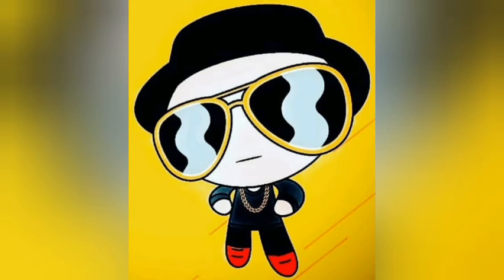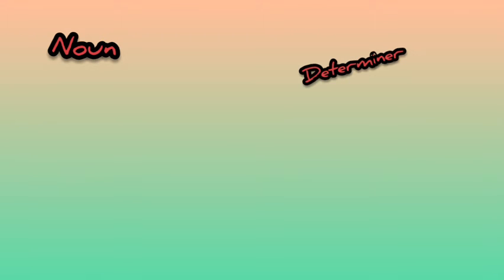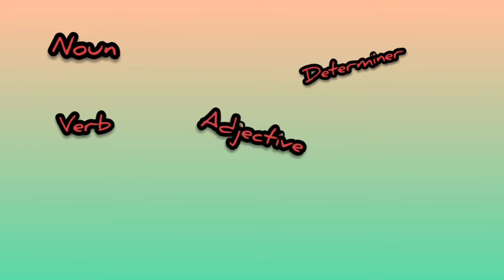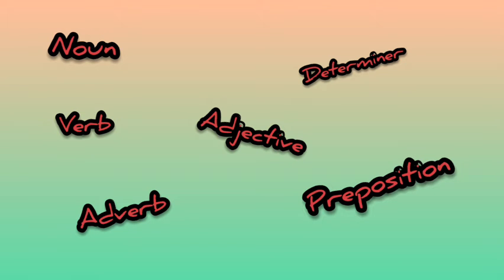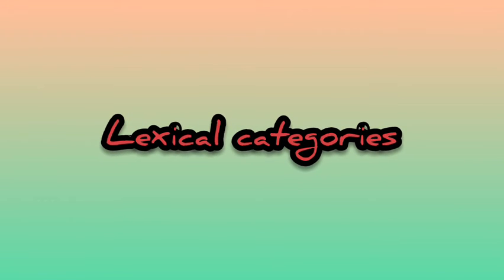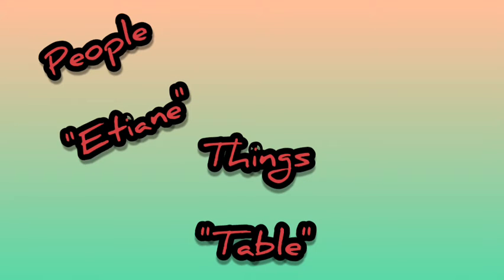Before starting, we have to know some general concepts to understand correctly the analysis we will do in a couple of minutes. We have to know what is a noun, a determiner, a verb, an adjective, an adverb, and a preposition. Those meanings are known as lexical categories. First of all, we have nouns that are divided in people, like me, Etienne, things like table, and animals like cat.